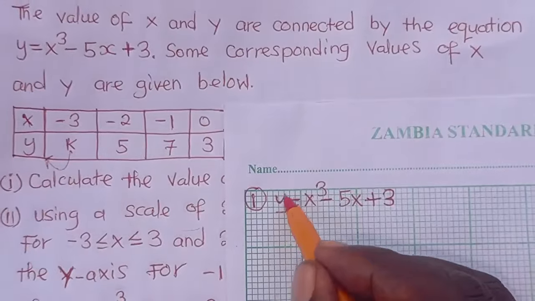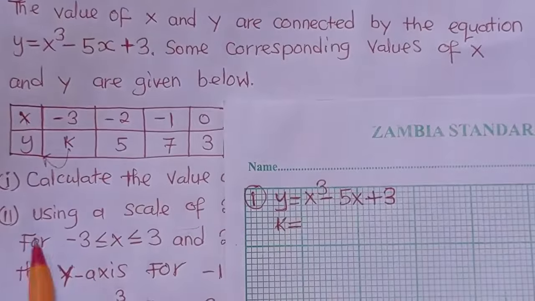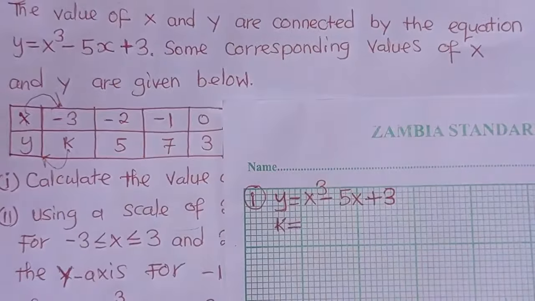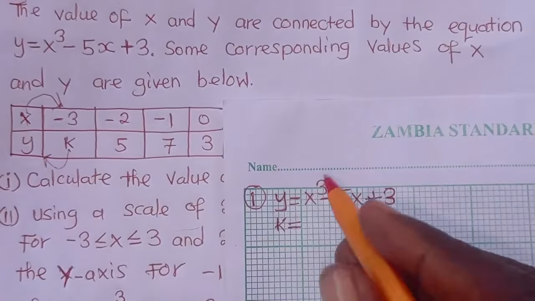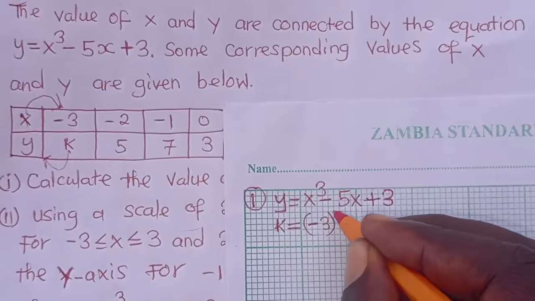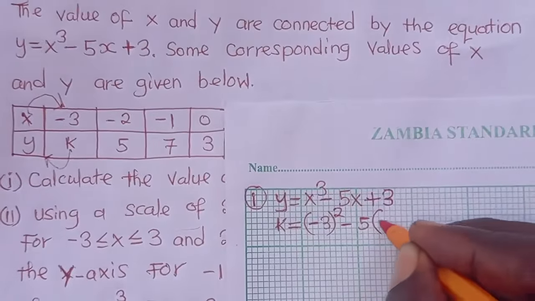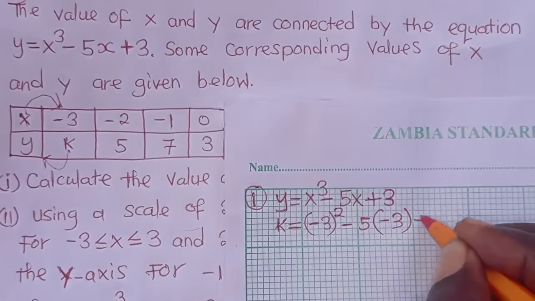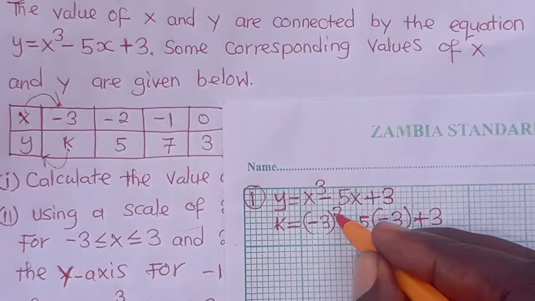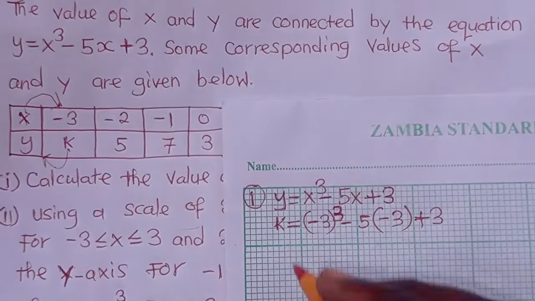So where there is y, I put a k, which is equal to. Then where there is x, I put negative 3. So this is negative 3 cubed, minus 5 times negative 3, then plus 3. This is cubed, not a square, cubed. Negative 3 cubed, there is a cube there.